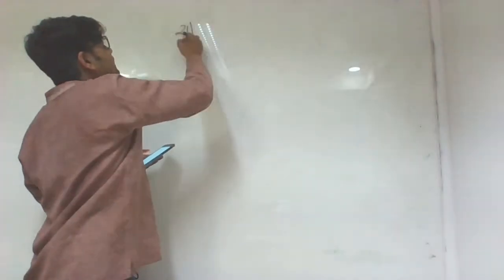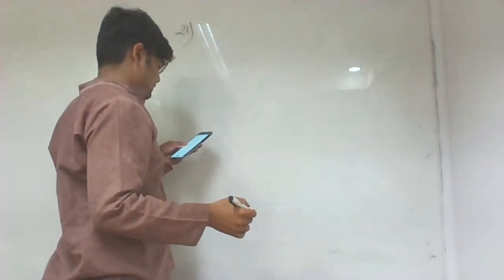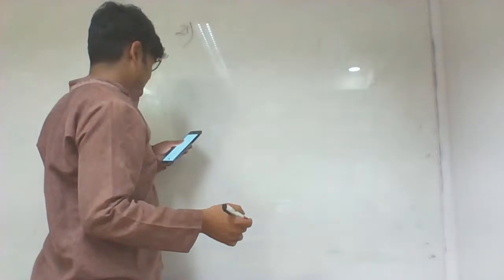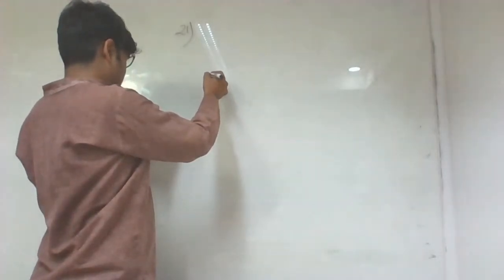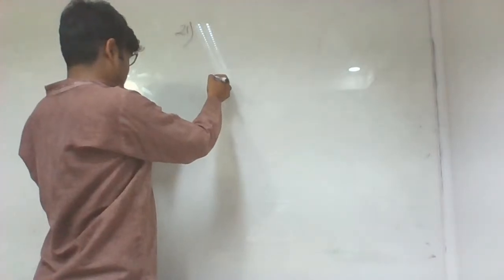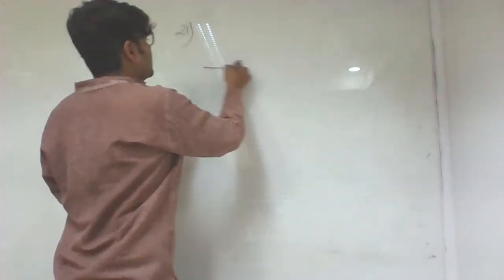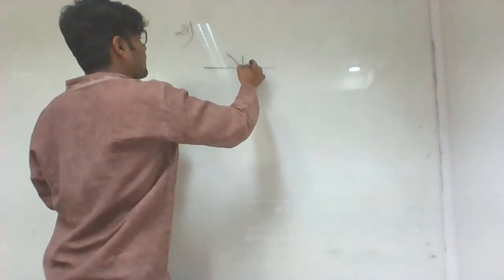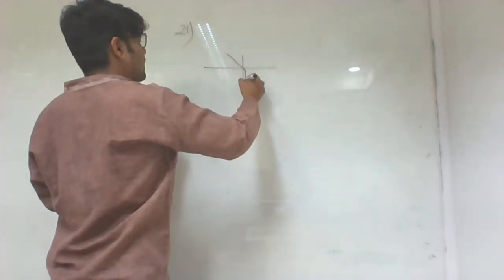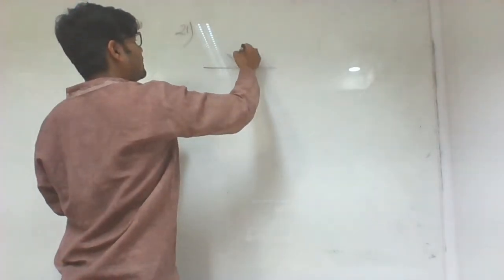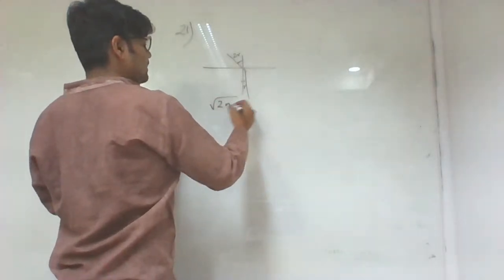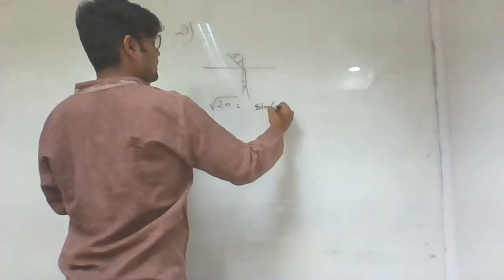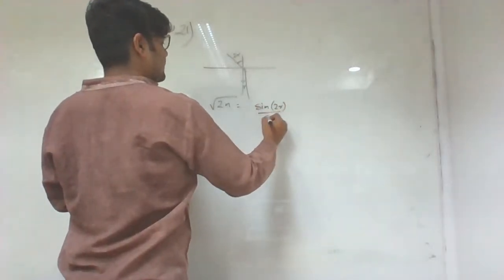Question number 21. So the light ray is incident at an angle double of refraction. Okay. i is 2r. So mu is root n, sine 2r on sine r.